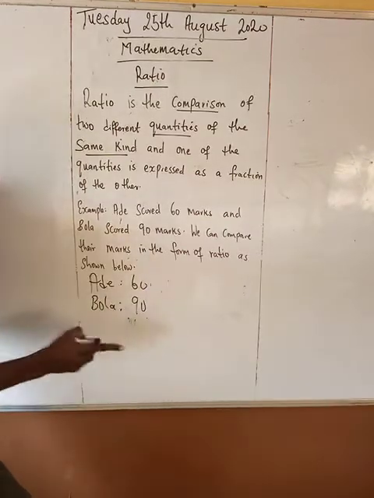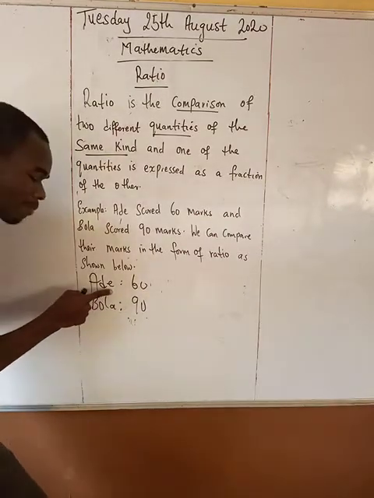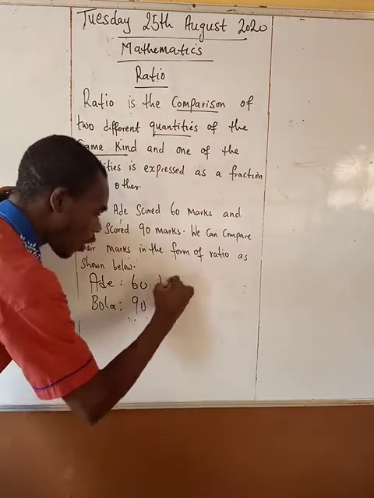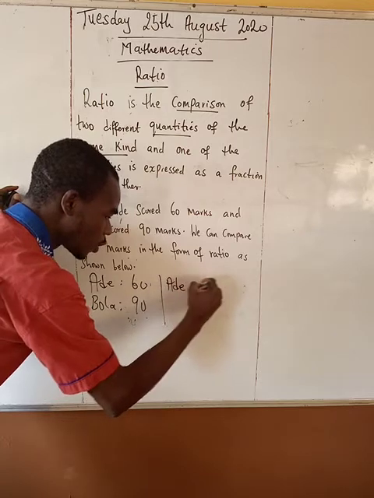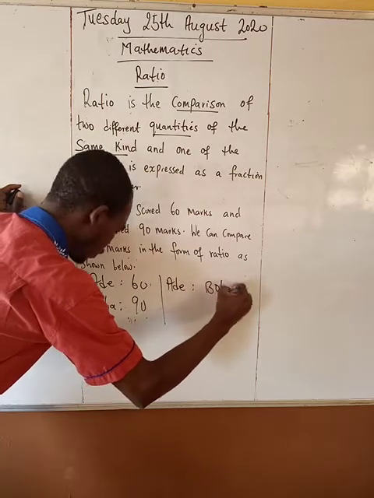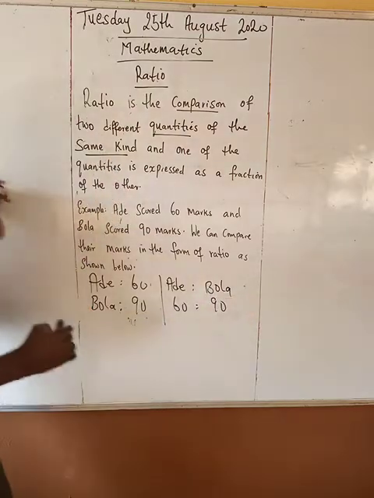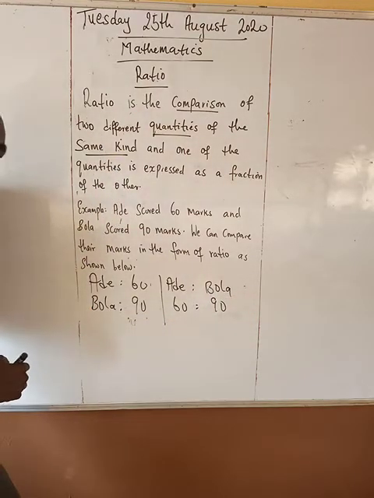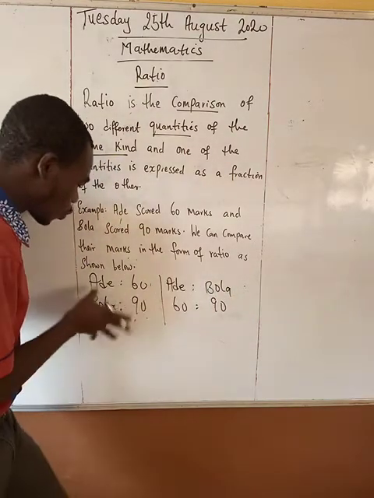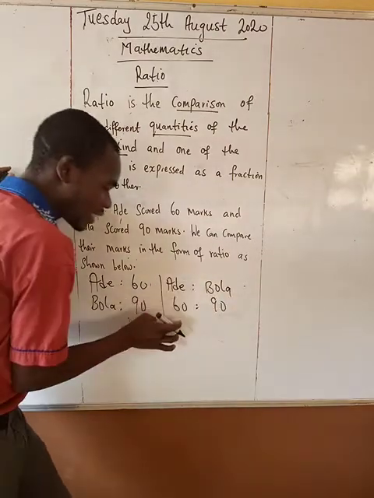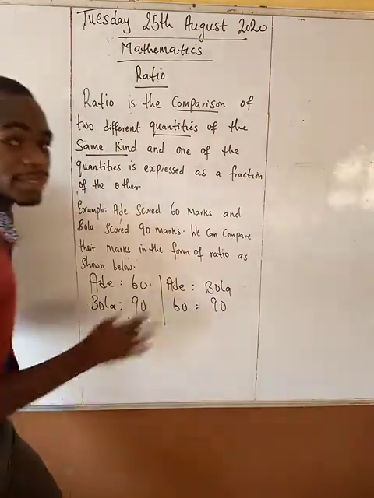So if you want to express the ratio of Ade's mark to Bola's mark, we are going to have 60:90. Am I complicating? Ade 60, Bola 90.